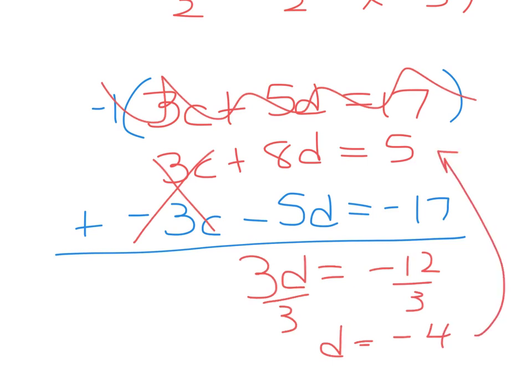So that was 9.4. Now, in tonight's homework, 9.5, this is where we're going to have to multiply the equation by something other than a -1 to get it to cancel. So from 9.5, you're going to have 3 questions.